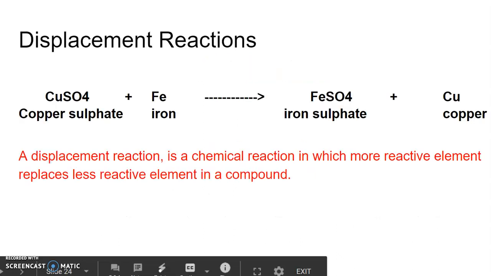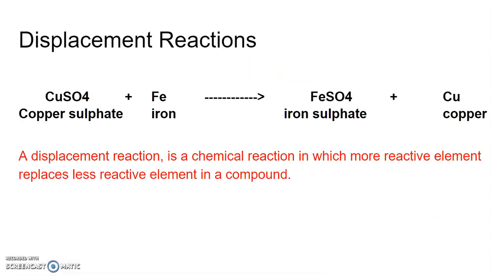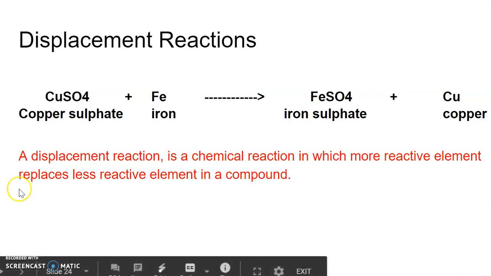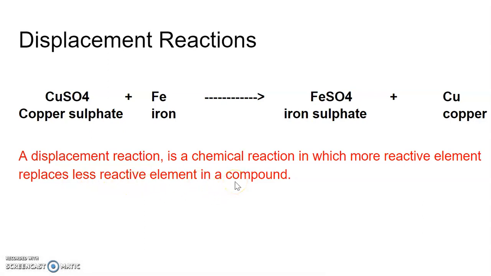So in last class we have already discussed some intro about displacement reaction, that a displacement reaction is a chemical reaction in which more reactive element replaces a less reactive element in a compound, right? For example, in the above reaction, iron is more reactive than copper.